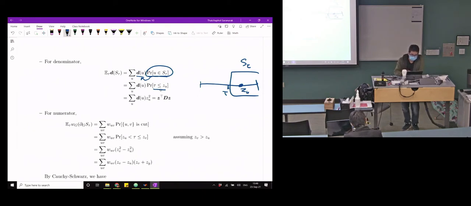But we know what this is: it is Z_U square. This is the reason we choose tau such that tau square is uniformly distributed, because in the end we want to relate that to something squared. And what is this thing? It's exactly Z times D times Z.